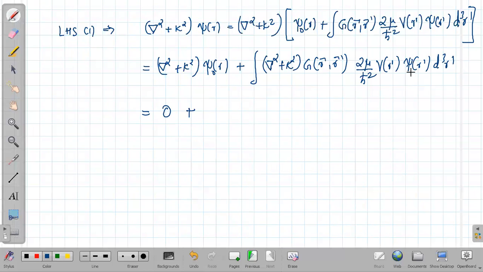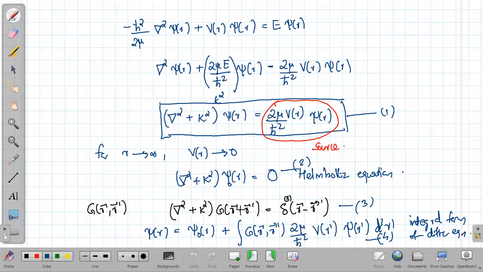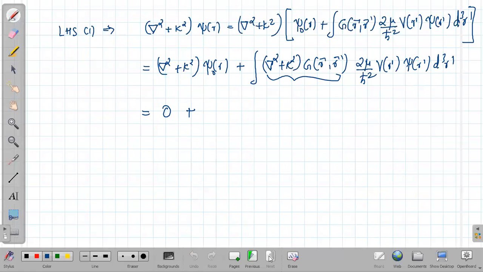Plus, now what would be this expression? Del square plus k square acting on g of r, r prime. Remember, this del square depends on r and not on r prime. So del square will not act on v of r prime or psi of r prime. It will act only on g, because g is a function of both r and r prime. So del square plus k square acting on g, that we already know, would give the Dirac delta function.